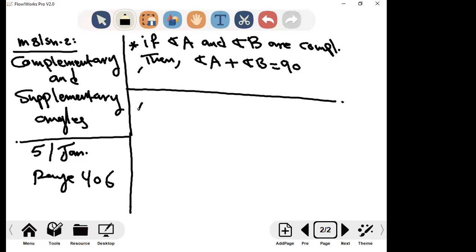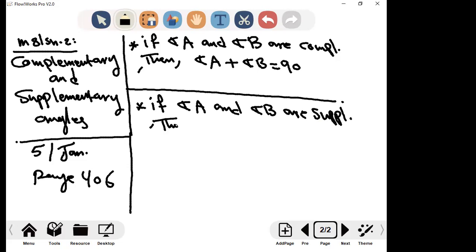Now, if angle A and angle B are supplementary, then angle A plus angle B equals 180 degrees.